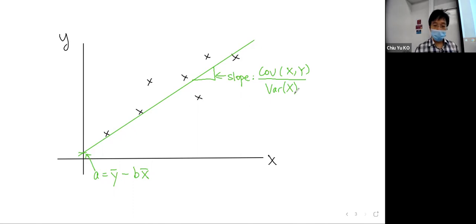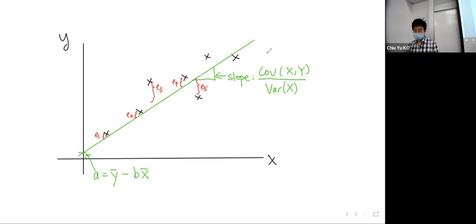And how do you calculate the residual? You look at the vertical distance. This is called E1, this is E2, and this is E3. Sorry, I should have E4 and E5, and so on and so forth.